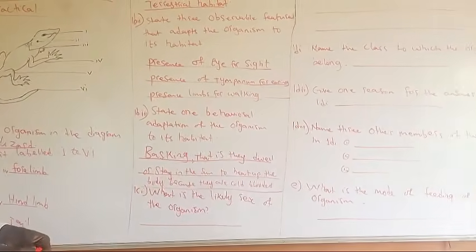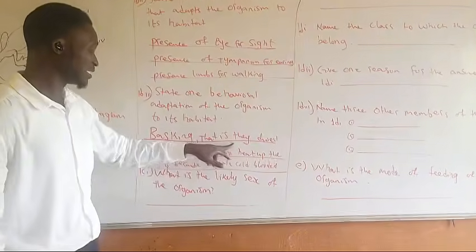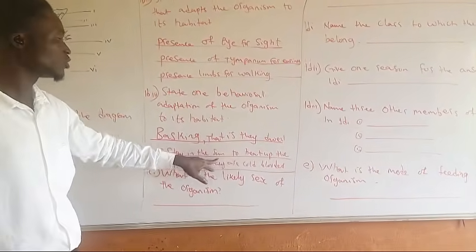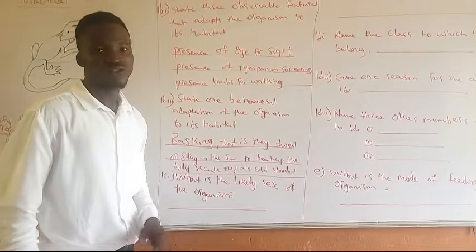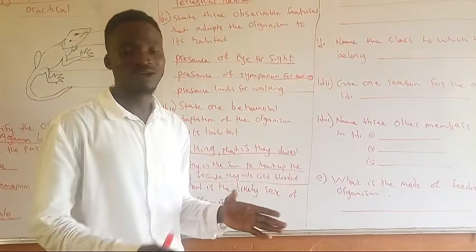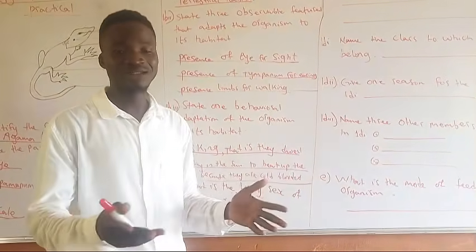Yeah, you get that? Basking, that is, they dwell or stay in the sun to heat up the body because they are cold blooded. Some call them poikilothermic, but to avoid excess grammar, you get that now.